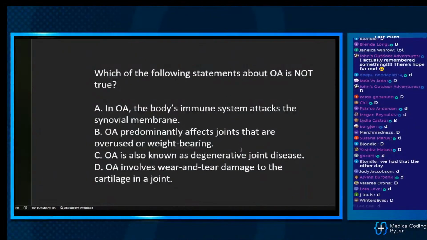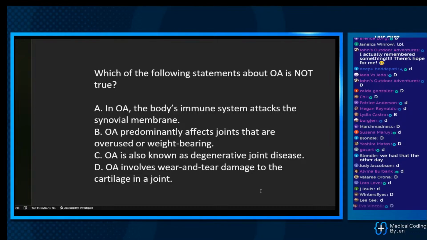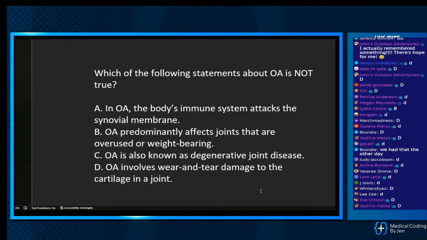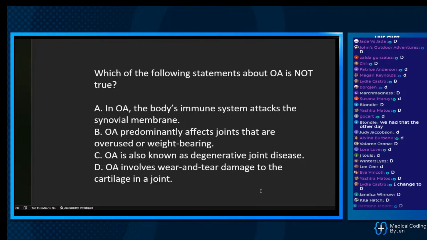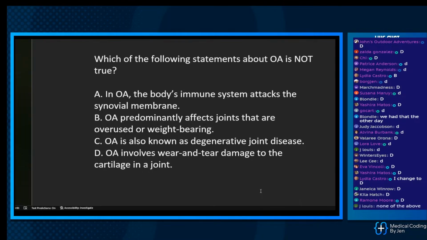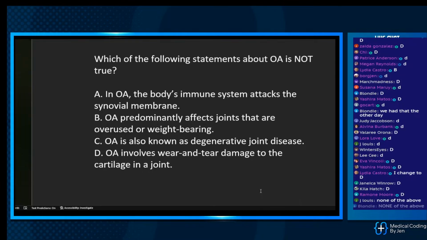Which of the following statements about OA is not true? OA is the body's immune system attacking a membrane. OA predominantly affects joints that are overused and weight bearing. OA is also known as degenerative joint disease.